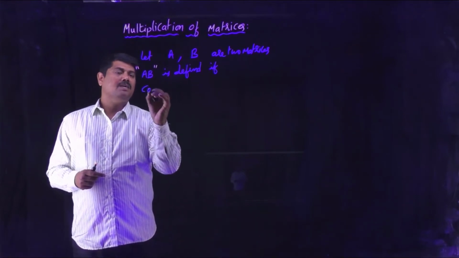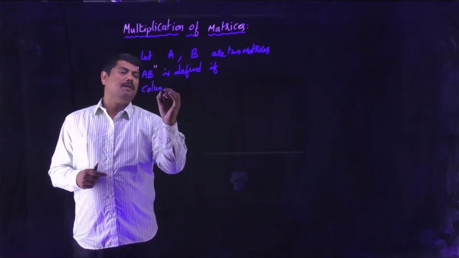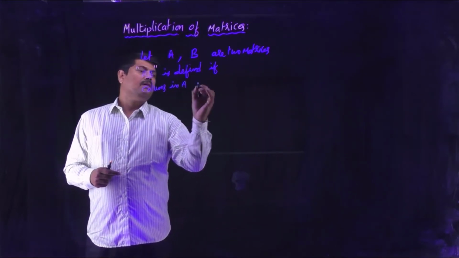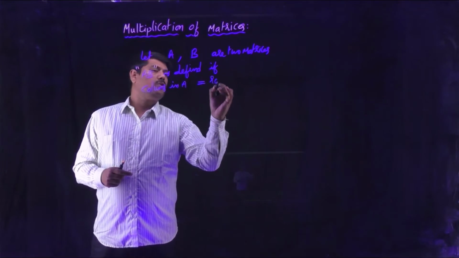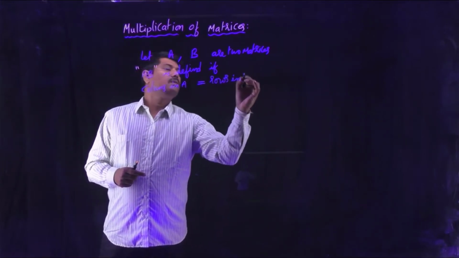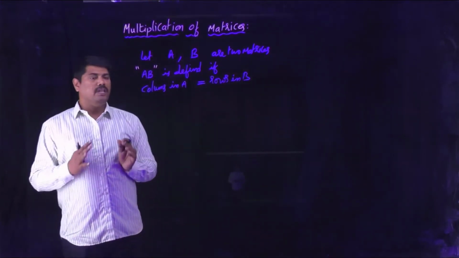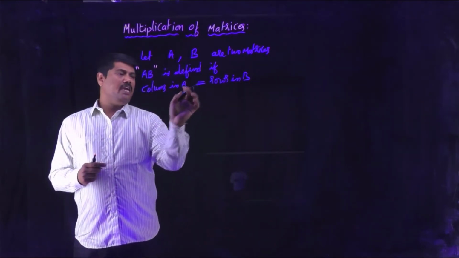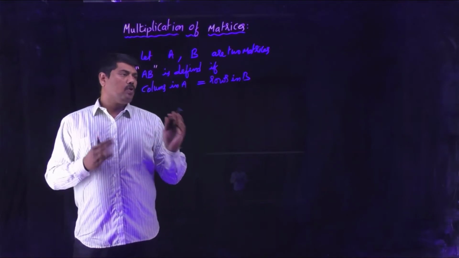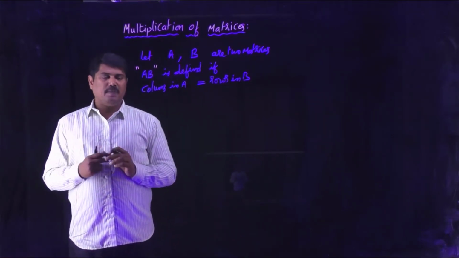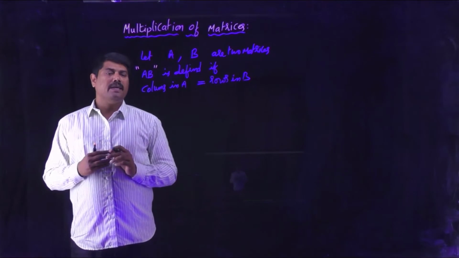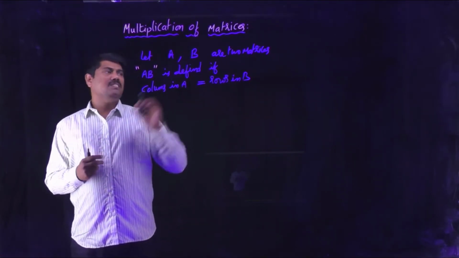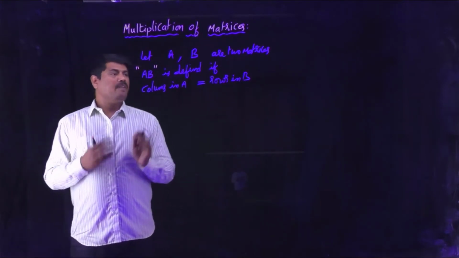So the product AB is possible if columns in A is equal to rows in B. This is the condition we require for multiplication. To define AB, columns in A must be equal to the rows in B. Then only AB is possible and you can multiply A and B. We will get another matrix AB. So this is the first basic requirement for multiplication.